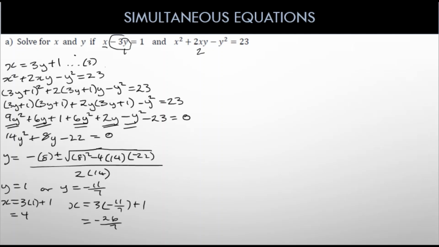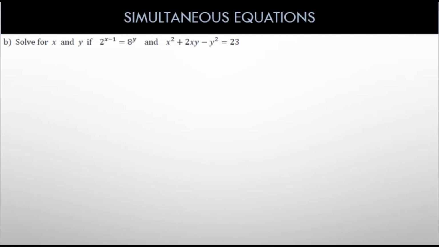Let's look at another example of simultaneous equations, and this one involves exponents. Equation 1 is 2 to the exponent x minus 1 is equal to 8 to the exponent y, and I have my equation 2 here.